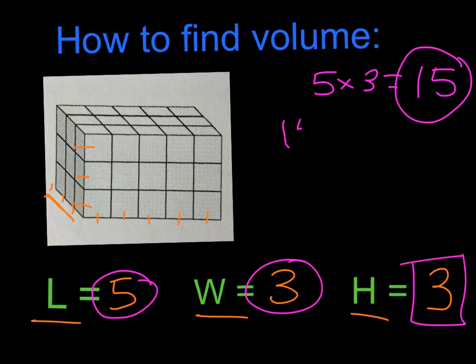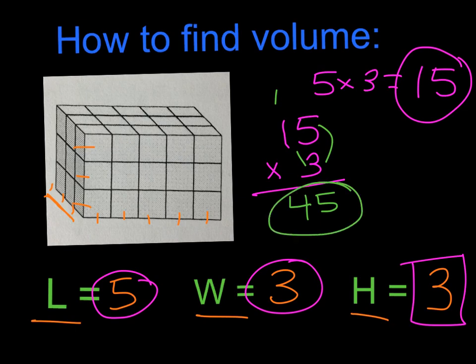So now I'm going to do 15 times 3. Doing our multiplication, 5 times 3 is 15. 3 times 1 is 3, plus 1 is 4. So the volume of this rectangular prism is 45 cubic units. My volume is 45.